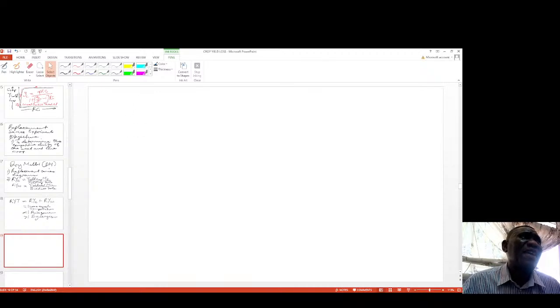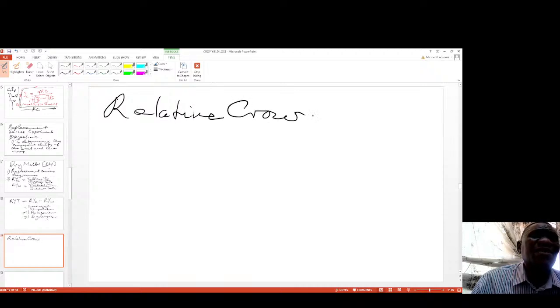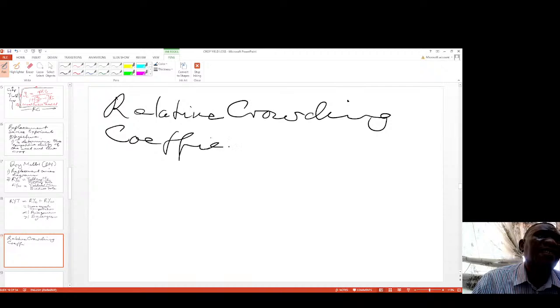Then there's another parameter known as relative crowding coefficient, RCC.